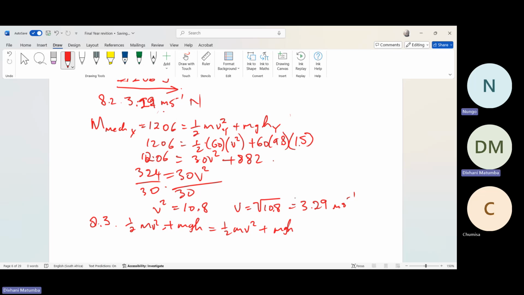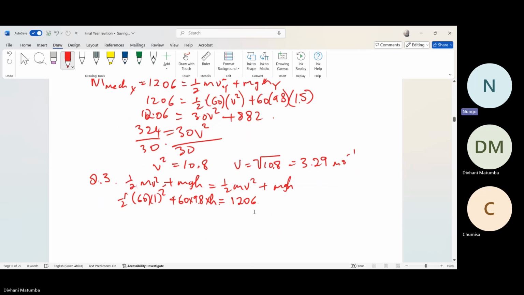Okay. And then 1/2 multiplied by 60, multiplied by 1 squared, plus 60 multiplied by 9.8 times h, the height, equals 1,206.